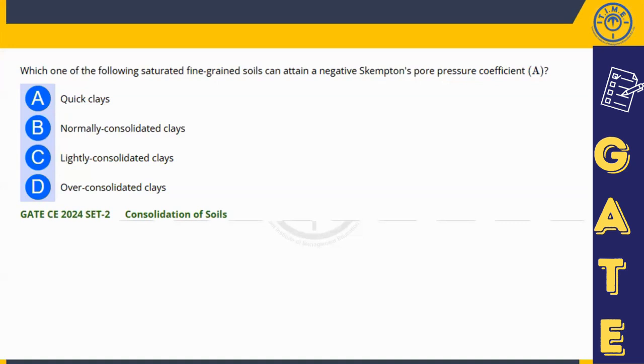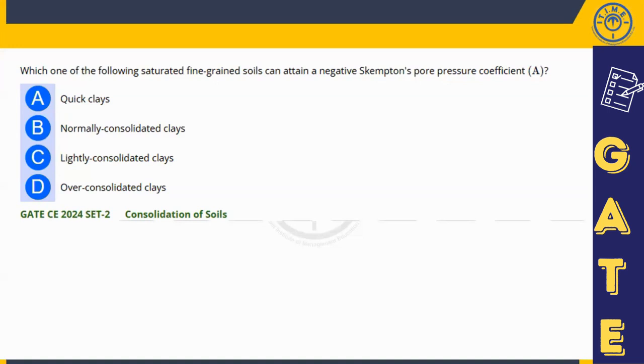We have Skempton's pore pressure coefficients, two types, A and B. We are talking about the value for which it is negative.